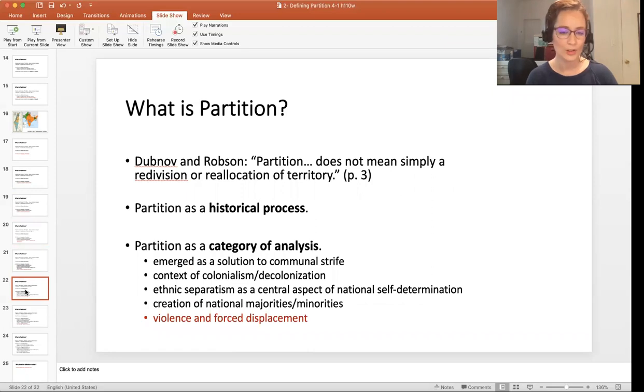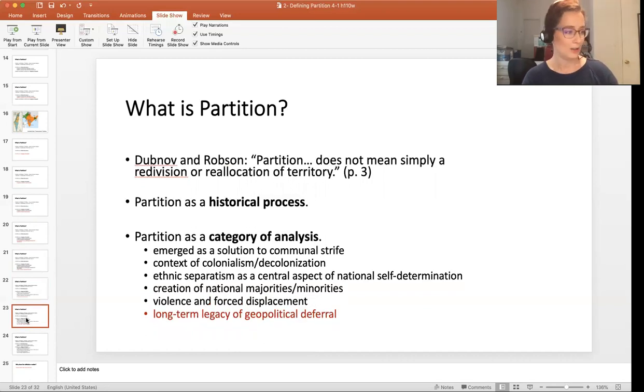Next, partition tends to abet both massive violence as well as forced displacements. And as historians, these are experiences that we have to analyze: the violence of partition, the forced displacement and forced migration of partition. It's part of the process, and it's one of the grandest legacies of this history.